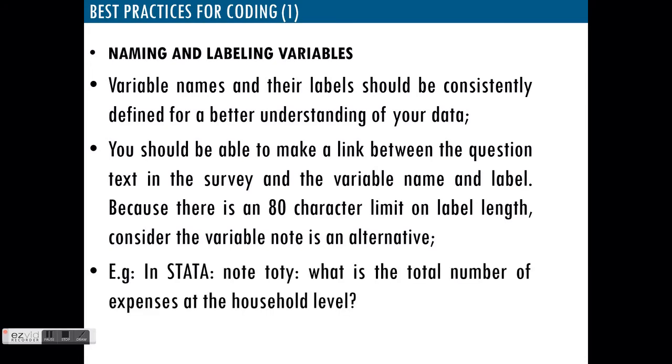The total of expenses at the household level, or the amount of expenses at the household level. And this is very important. You should be able to label your variable in such a way that it is understandable by other people, but also by you a year later.